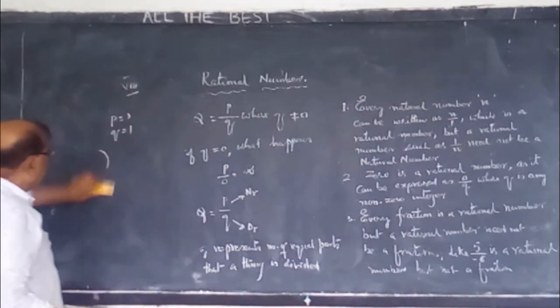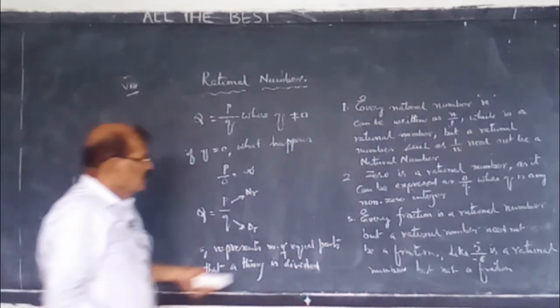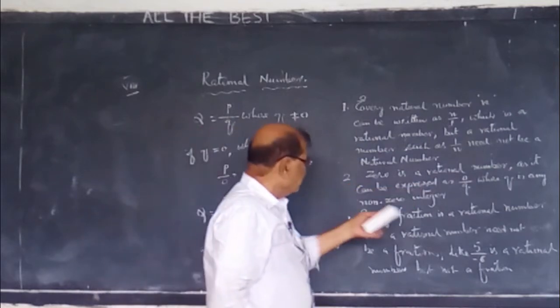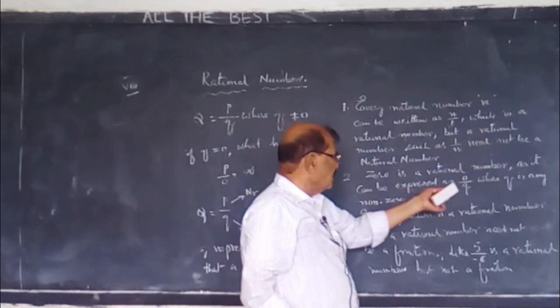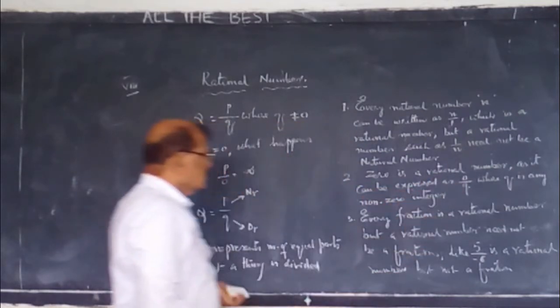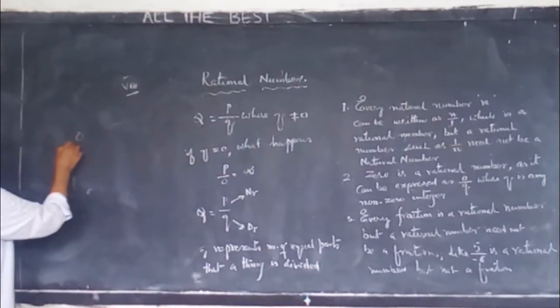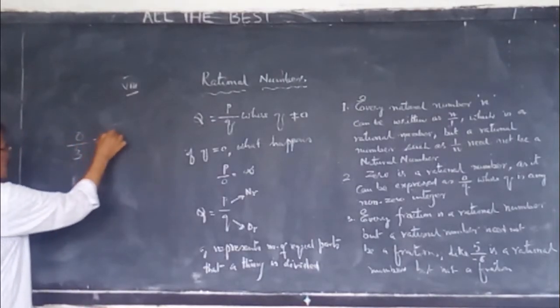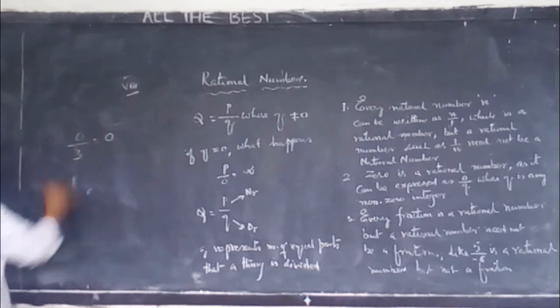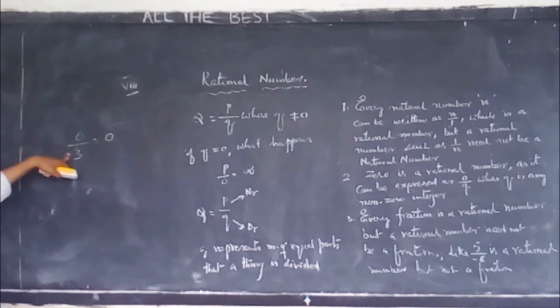If you observe the second point, 0 is a rational number as it can be expressed as 0 by q. For example, 0 by 3 is equal to 0. So here p is equal to 0, q is equal to 3.